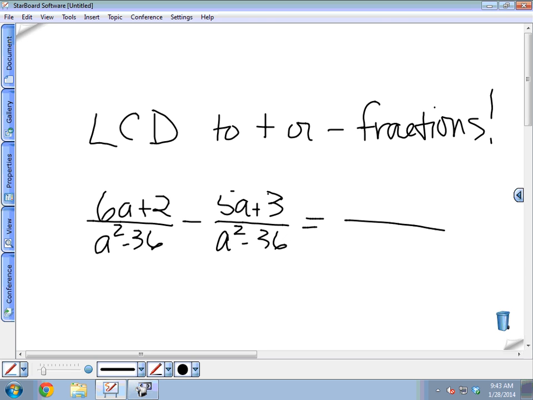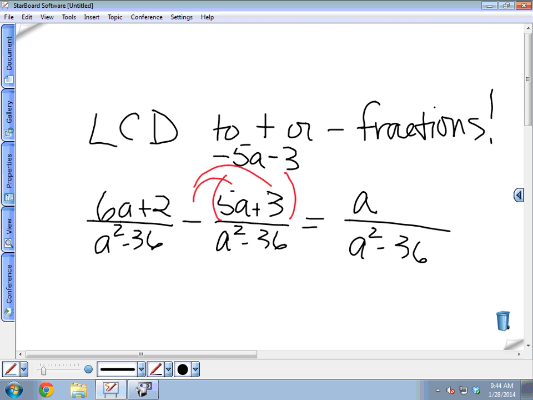So I know that my answer is going to be over a squared minus 36 here, right? Remember, when you have a binomial, now you forget this all the time, I have to distribute that negative sign, and here's the mistakes that you made. Oh, everybody's going, oh. 6a, this becomes minus 5a, which gives me 1a. 2 minus 3 gives me minus 1.